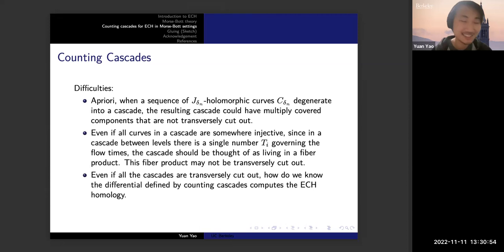Even after that, suppose all the cascades are transversely cut out, you still need to prove that there's a one-to-one correspondence between the cascades and the holomorphic curves after you perturb into the non-degenerate setting. So let me try to address these issues one by one.